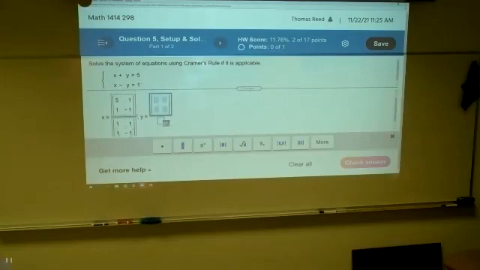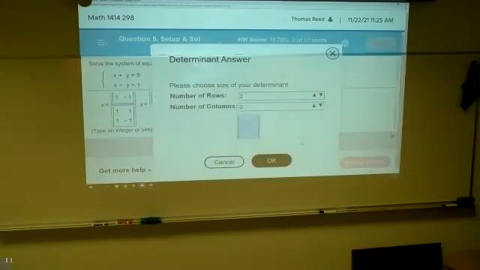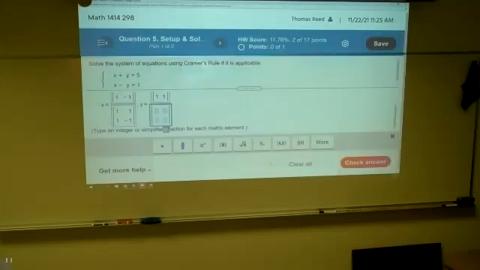And the 1 and the 1 are going to remain in the x column. So this is going to become 5, and this is going to become 1. And then down here, it's going to be a repeat of this matrix here.